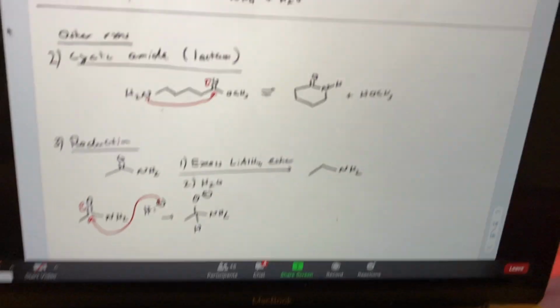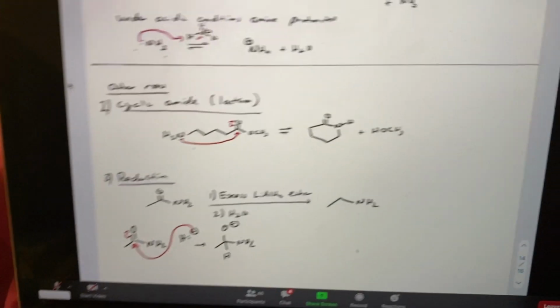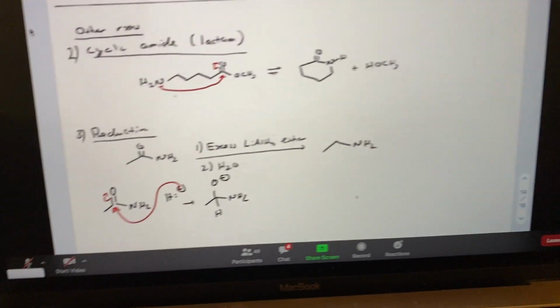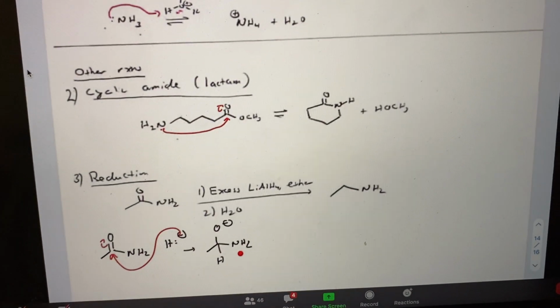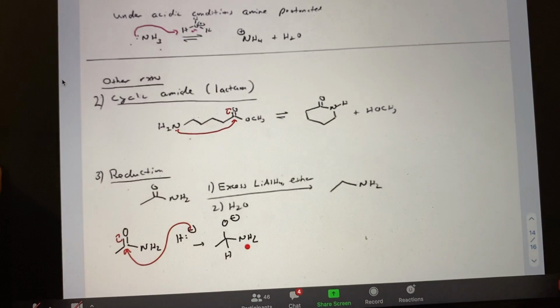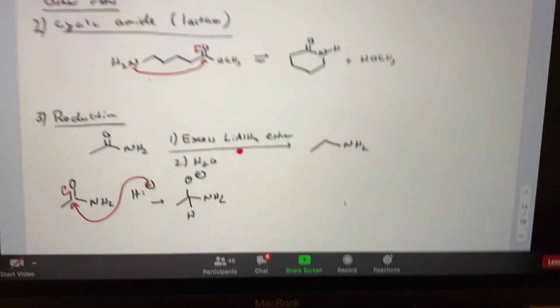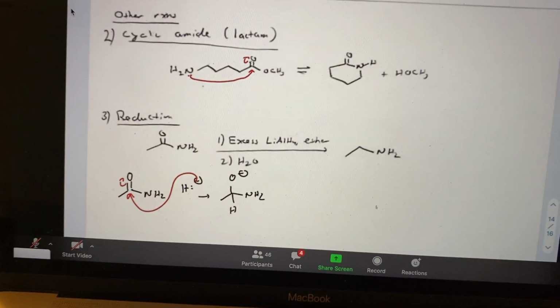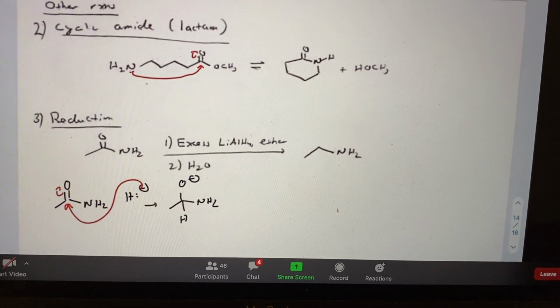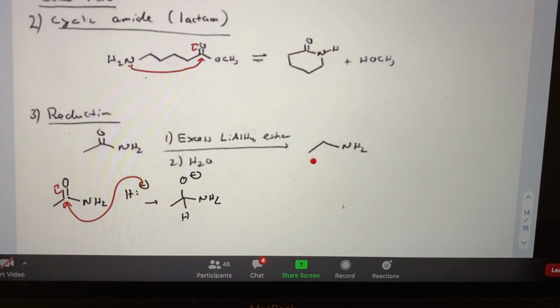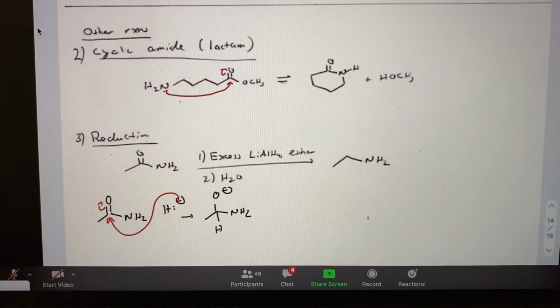And this is going to occur through a little bit of a different mechanism than what we have seen. But I just want to highlight it up to this point in that we have this bad leaving group here. So this NH2 normally is not going to leave even under these conditions, like with this excess lithium aluminum hydride. So we'll have some parallels to the mechanisms that we've seen, but there are also some differences here. And so in this particular case, we're going to end up with this amine.